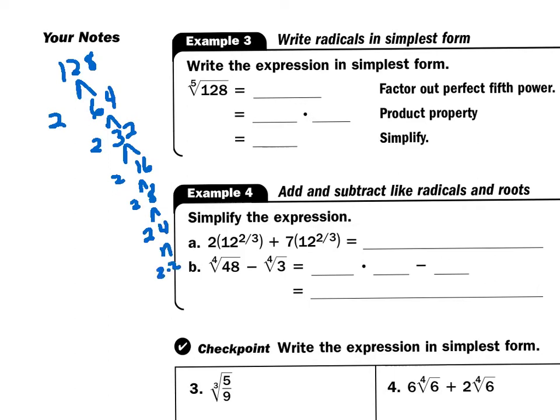So we need to take out in groups of 5. So how many groups of 5 do I have? 1, 2, 3, 4, 5. And then I still have 2 left over. So that would be a 2. And I still need to leave that 2 times 2, or 4, under the 5th root sign.